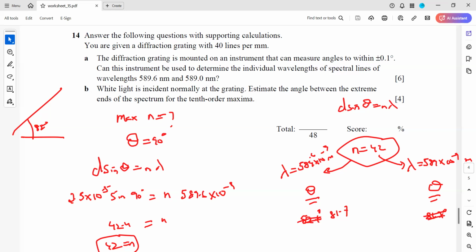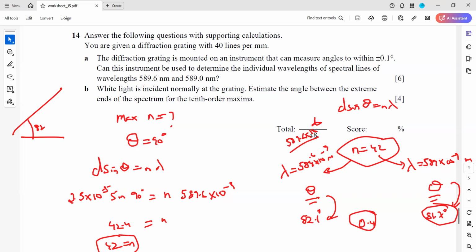When you substitute the values, this is coming out 82.1 and the other one is 81.7. When you take 589.6 you get 82, the maximum will be at 82, and the other maximum will be about 81.7 degrees. So when we take the difference of these two values, it is about 0.4 difference.